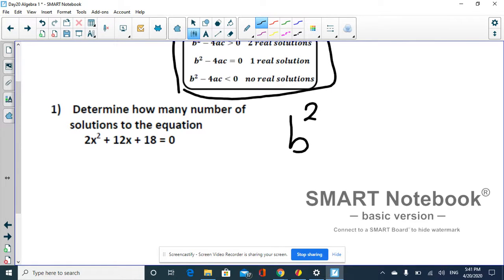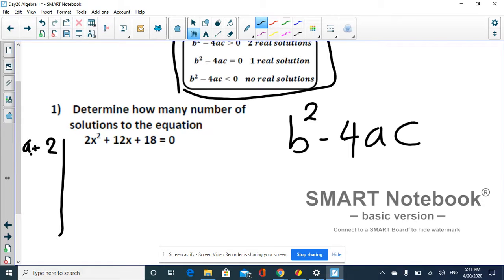B squared minus 4ac. You now know what a, b, and c are. Again, from this equation, a equals 2, b equals 12, c equals 18. Use these numbers to find how many solutions.